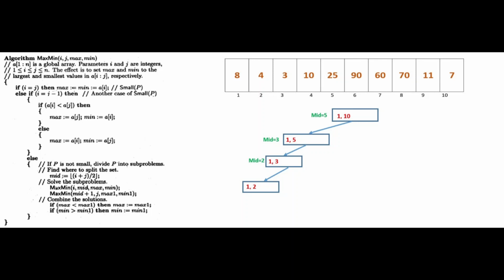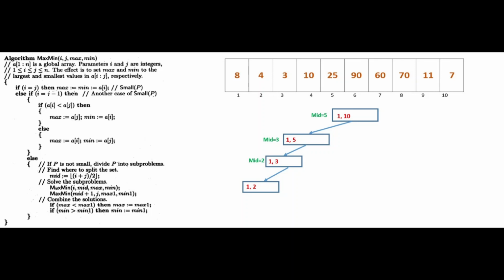the next case. If I is equal to j minus 1, here the condition is true. I is equal to j minus 1, 1 is equal to 2 minus 1. The condition is true. Then we have to find which of a of 1 or a of 2 is greater.